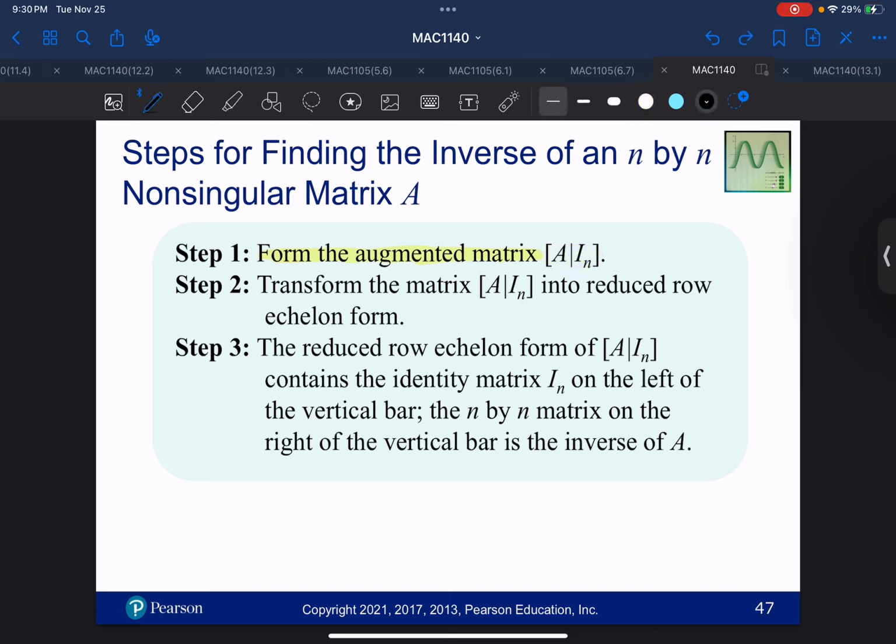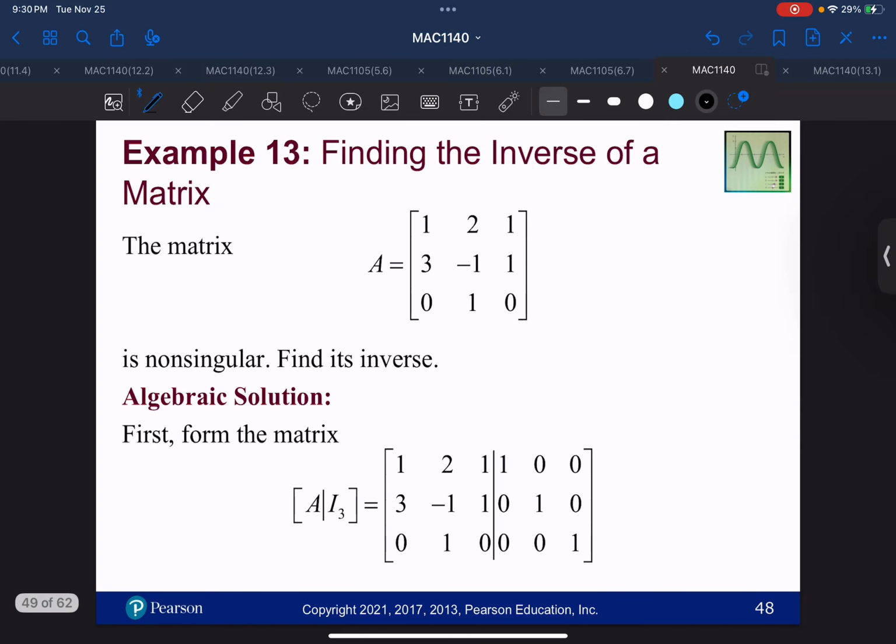The A is going to be the entries from matrix A. Then we're going to have the bar like we usually have in an augmented matrix. And then to the right of the bar, we will have the n by n identity matrix. You'll see me do that in the next example. Actually, I'll go ahead and show you. This is what that would look like.